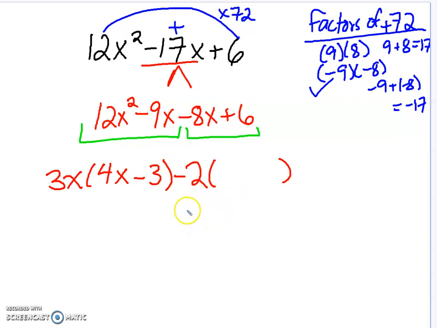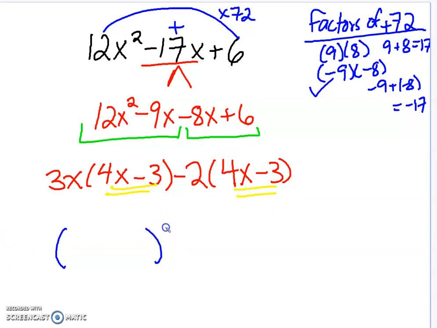So after I've factored out negative 2, negative 2 times what would give me negative 8x? That's 4x. And negative 2 times what would give me 6? That's negative 3. And if you've done this correctly, you should notice that what you have in your brackets in both the common factoring should be the same.